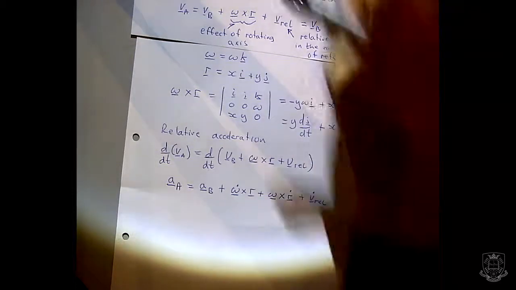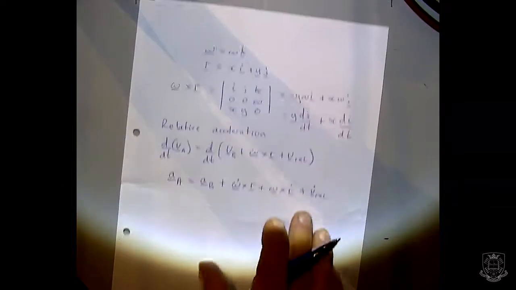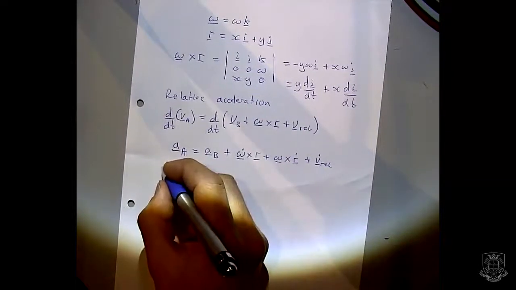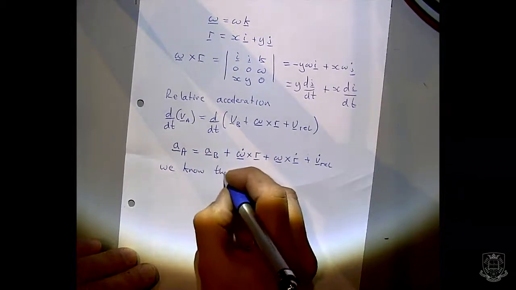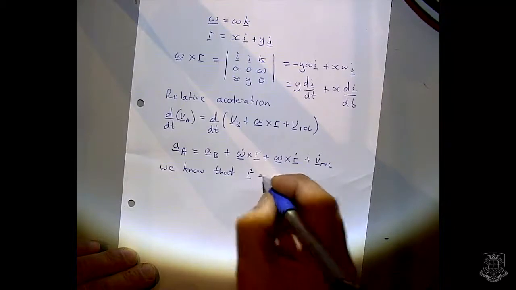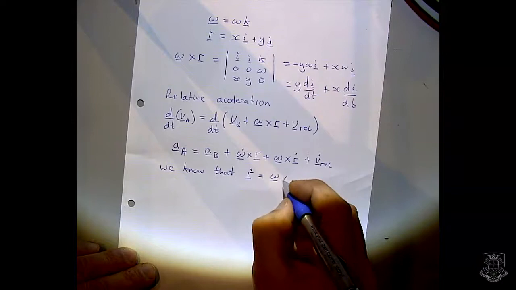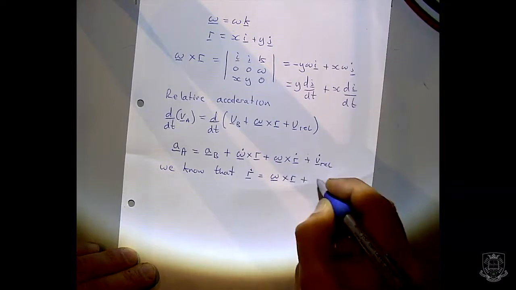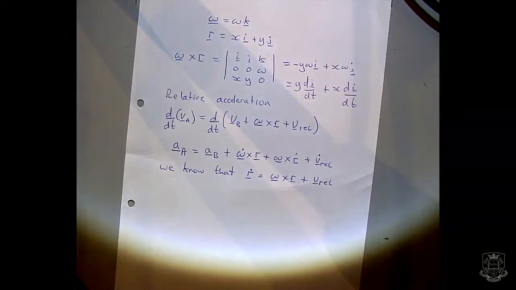Well, we know from what we did just a minute ago what r dot is. So r dot is omega crossed with r plus v relative.